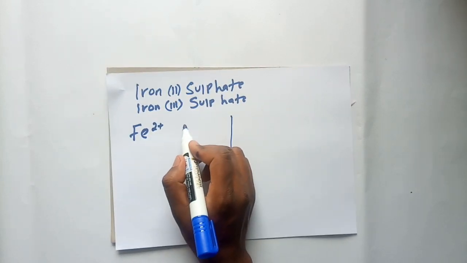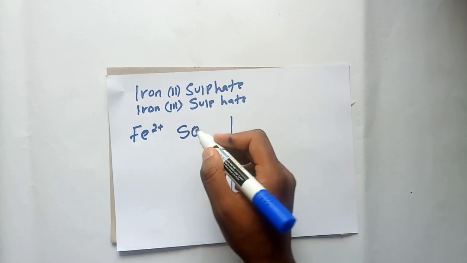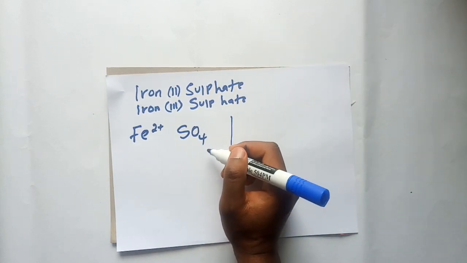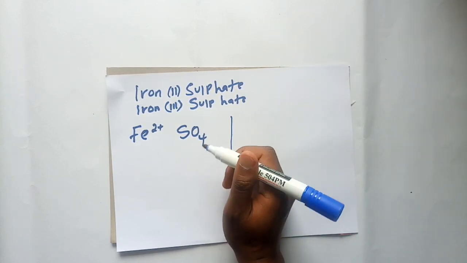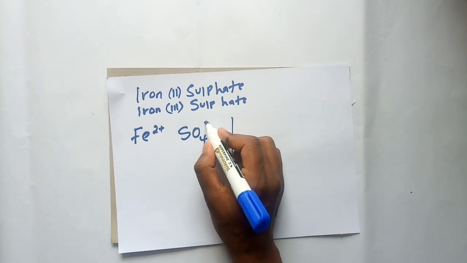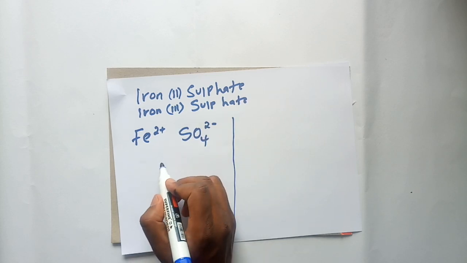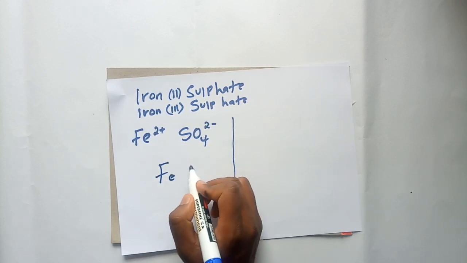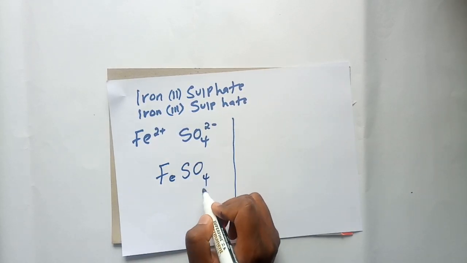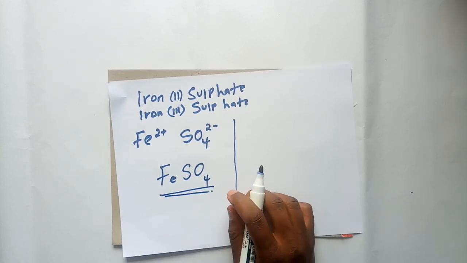And sulfate, as we saw in our previous video on radicals, which you should kindly watch if you have not, is 2 minus. Therefore, the 2 and 2 cancel out. The formula is FeSO4.